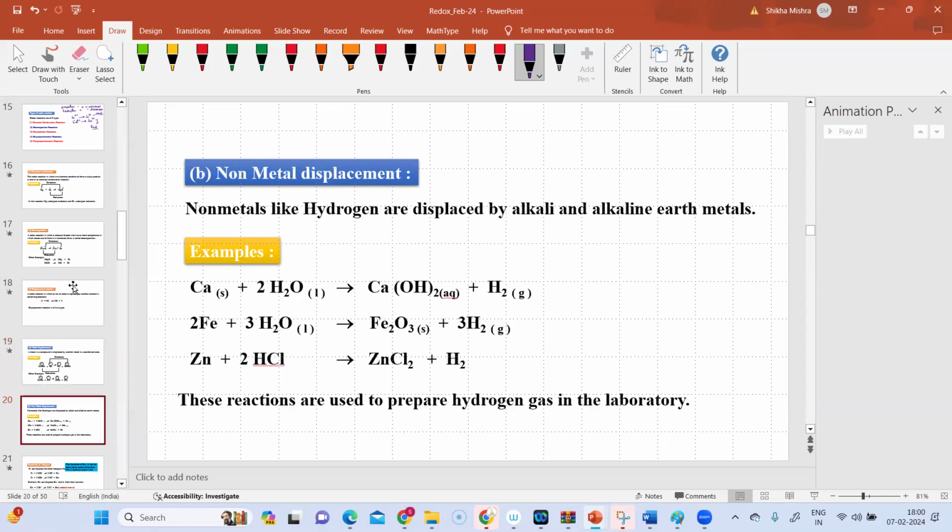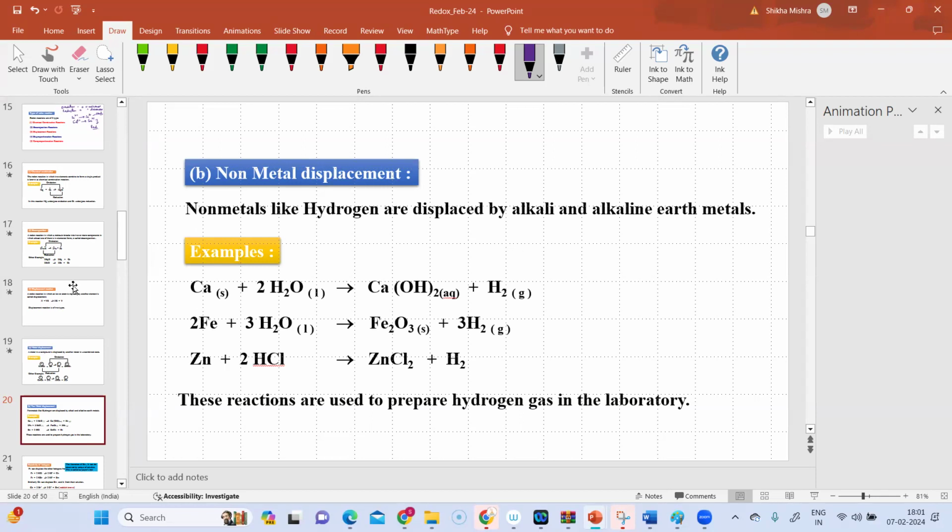Moving on, we will be having non-metal displacement reactions, right? When the hydrogens are displaced by alkali metals, there can be a displacement reaction involving only halogens, right? In this case, we are just talking about hydrogen. You just have to copy down the examples. Again, it's a good 3-mark question in the paper. You are given 5-6 reactions and asked to classify them, right?